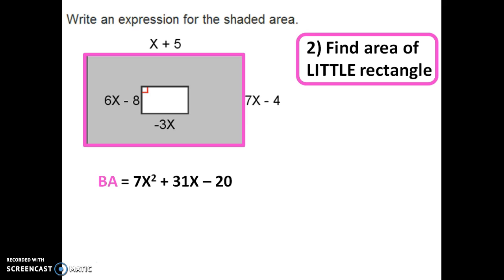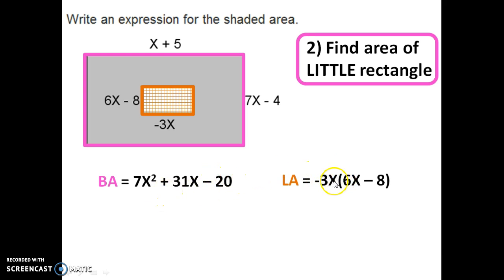Our next step is to find the area of the little rectangle. So now we're looking for the area of the little rectangle. And that area, our little area, is going to again be equal to the product of the length times the width. So we have negative 3x times 6x minus 8. And when we distribute a monomial, this is actually a little bit simpler than finding the area of the big rectangle.